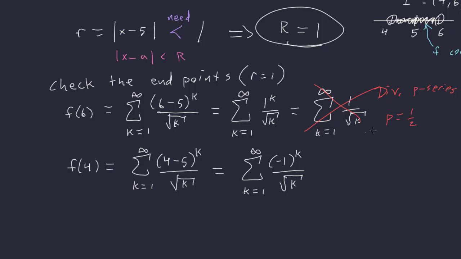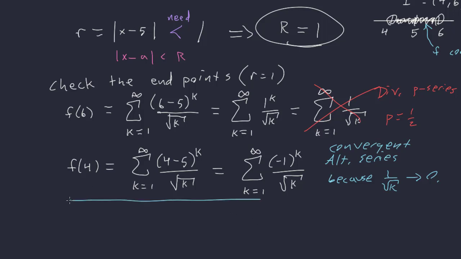That gave us 1 over root k, which is a divergent p-series. However, here, this is an alternating series. And not only that, it's a convergent alternating series because the non-alternating part goes to 0. So we actually get convergence.